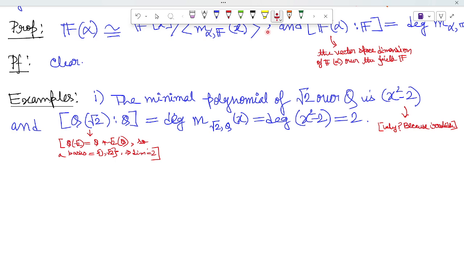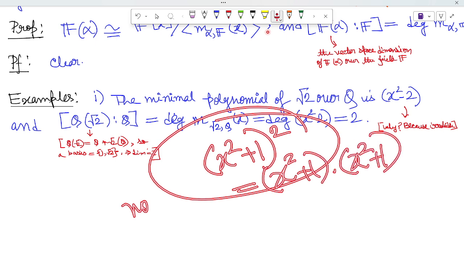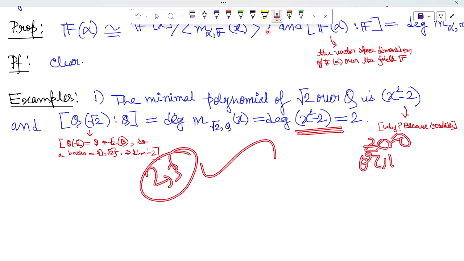That might not have any zero in Q. For example, x square plus 1 whole square has no zero in Q. Degree 4, it is reducible because it is x square plus 1 times x square plus 1, yet it has no zero. So degree 4 will not work, but degree 2 and 3 will. So this is degree 2, we can use the zero test. Or Eisenstein. Eisenstein is very good.